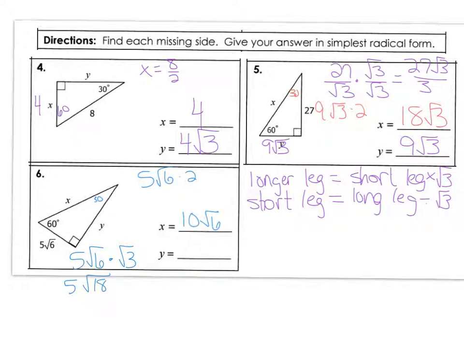Now I need to see if that will simplify. What perfect square divides 18? 9 does, right? So 5 times 3, the square root of 2 is stuck, and I get 15 root 2. All of those answers look really weird and really ugly, but that's okay. We did the same process every time.